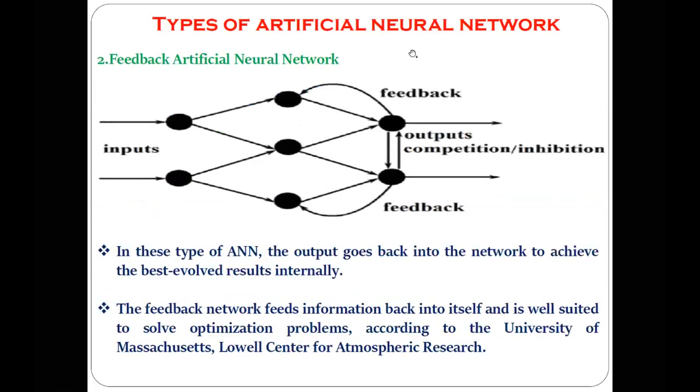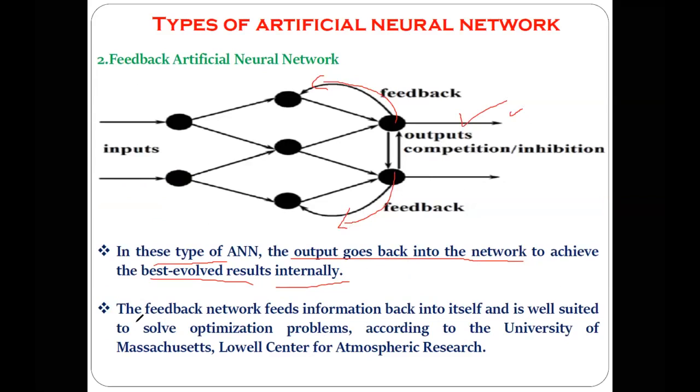Same kind of things I have mentioned here. In this type of ANN, the output goes back into the network to achieve the best evolved results internally. So this particular output generated here is sent back again and again until we get the satisfactory or desired result.